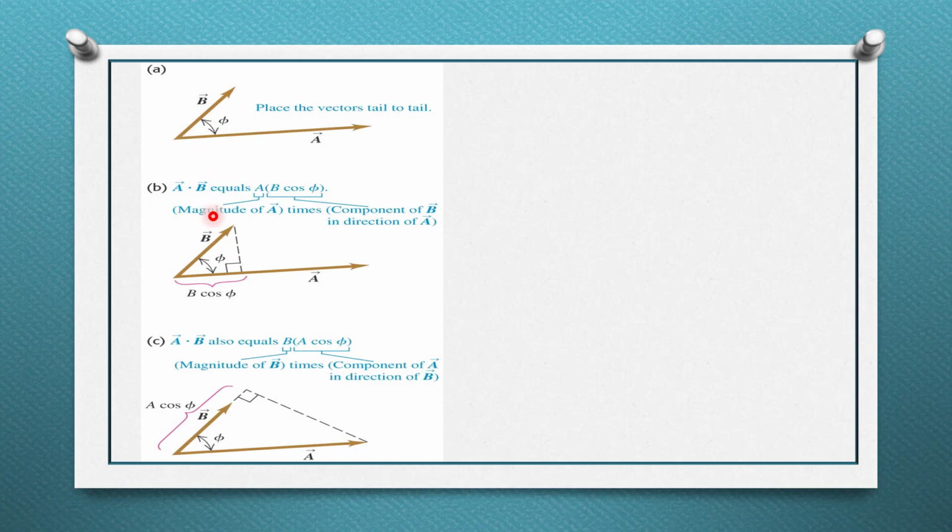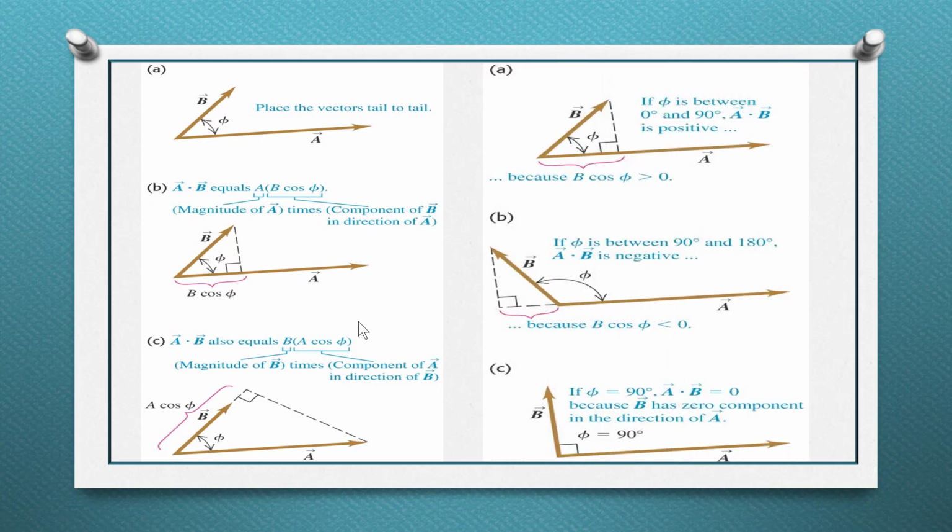Then we discussed that if we drop the projection of vector B on A, we get the magnitude of A multiplied by the component of B along the vector A. Or we can drop the projection of vector A on B, and then take the magnitude of vector B multiplied by the component of vector A along the direction of B. We have also discussed the angle: if the angle is between 0 and 90 degrees, the dot product will be positive because cos theta is positive.